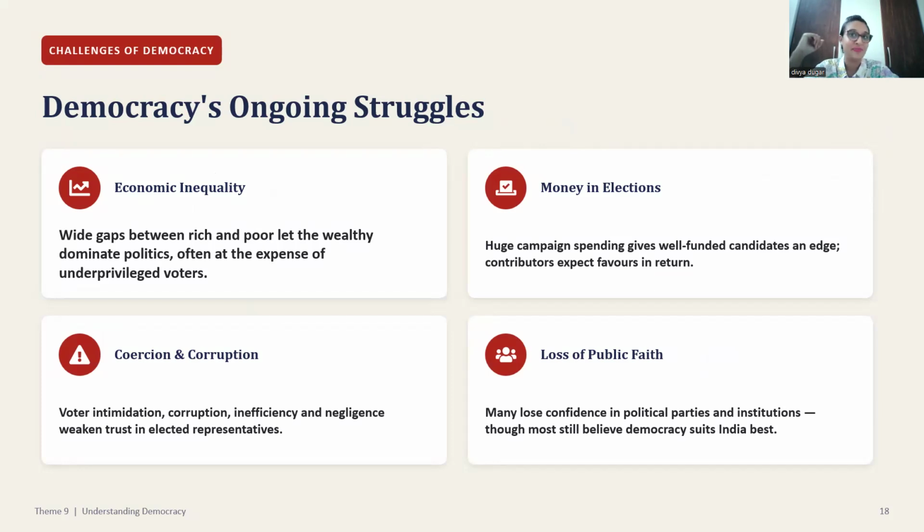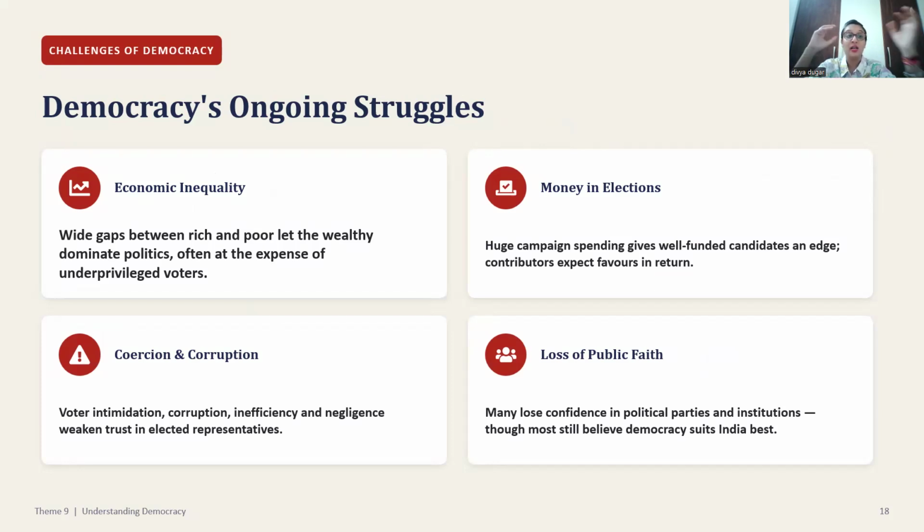Everything is not easy, so there are always some challenges. We are going to discuss some challenges to democracy in this slide. The first challenge to democracy is economic inequality. As the gap between rich and poor increases, it becomes a cause of challenge to democracy.